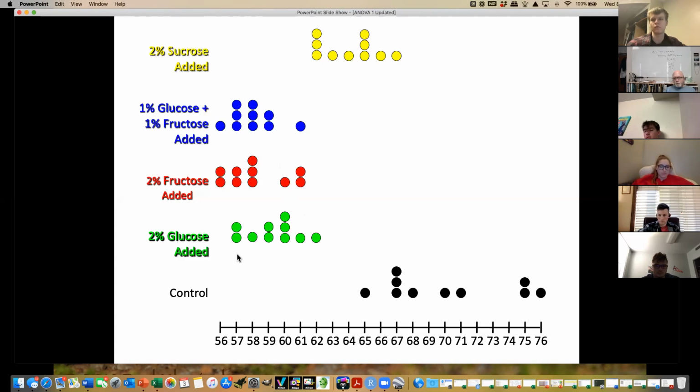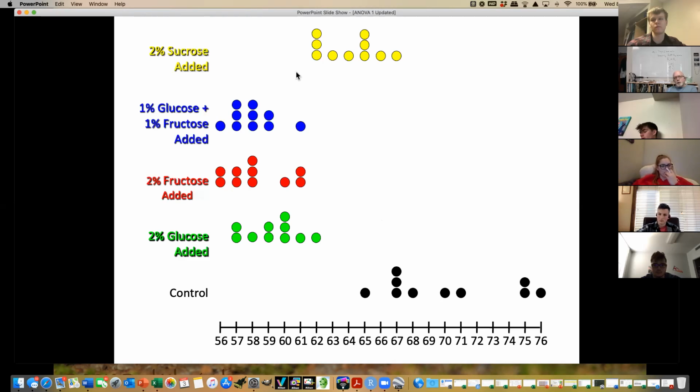Haley, is this range of variation similar to sucrose and similar to the control? I would say it's more similar to control, because instead of having left skew data, it's more in the middle, like control.